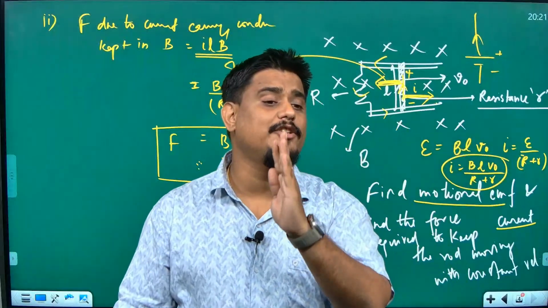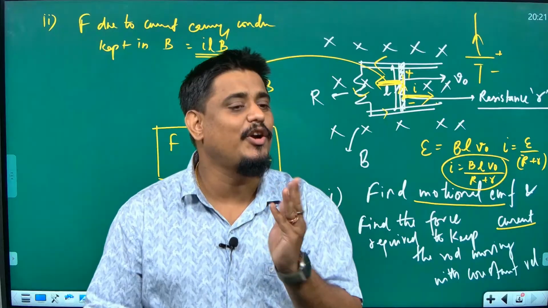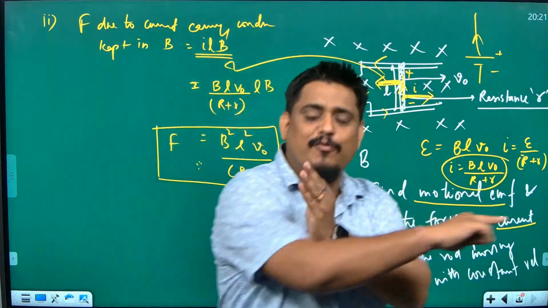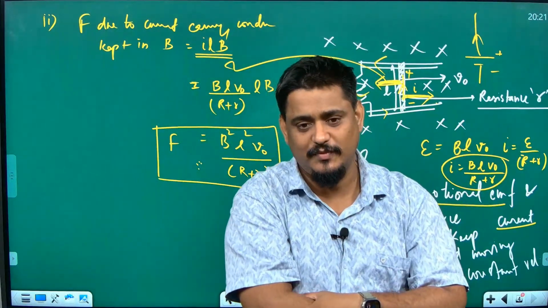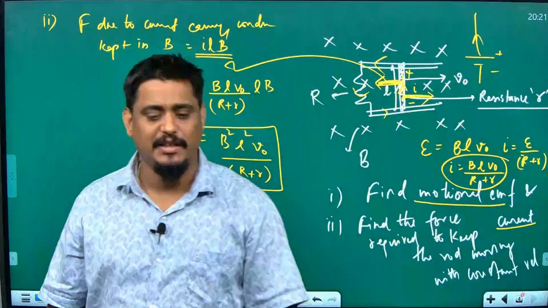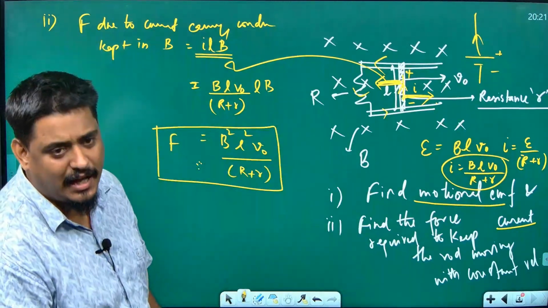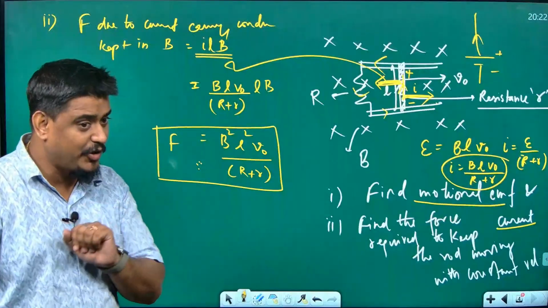If you want to make sure the rod's velocity does not reduce, apply the same force in the opposite direction. These two forces will cancel each other and the rod continues to move with the same velocity. So the answer is B square L square V naught by R plus R, but the concept is this. Is it clear to everybody?